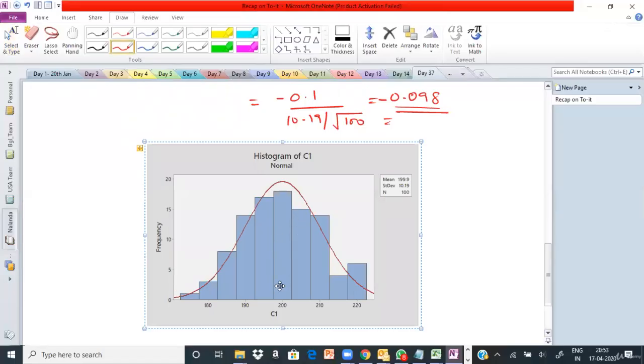So your mu is sitting here. This is your mu, and we are on the left hand side of it because we are looking at the lower side. Your alpha was somewhere here. Okay, this is for 5% of the alpha. This value is called the lower value.